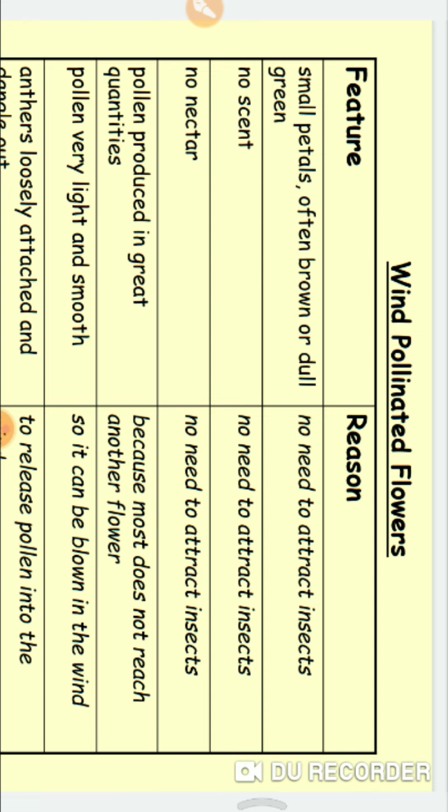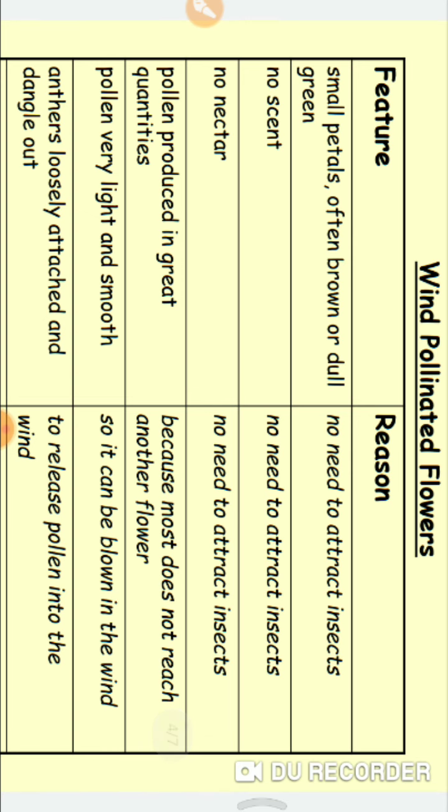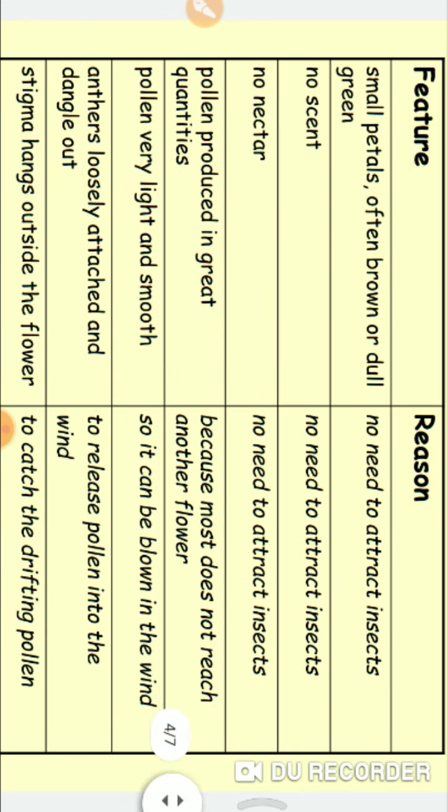As they don't need to attract any pollinator, these flowers are mainly colorless, and they don't have any fragrance or nectar. They are small and inconspicuous flowers, with dull color, no scent, and no nectar.